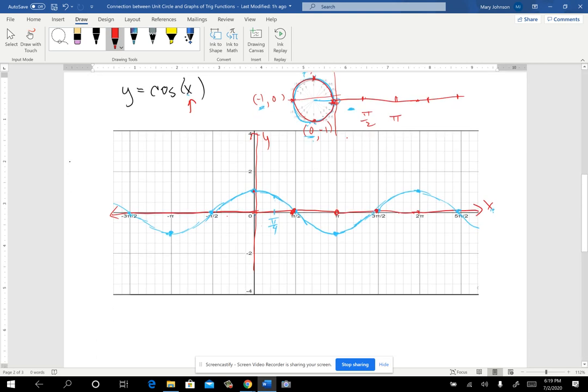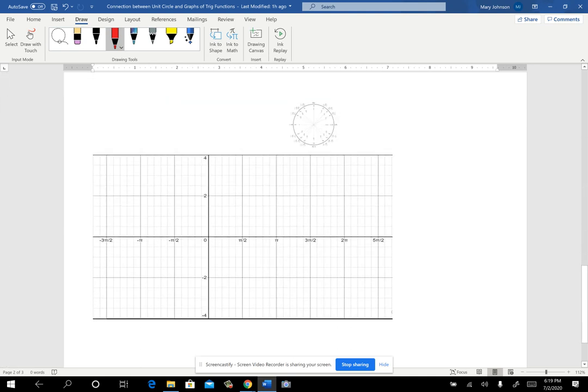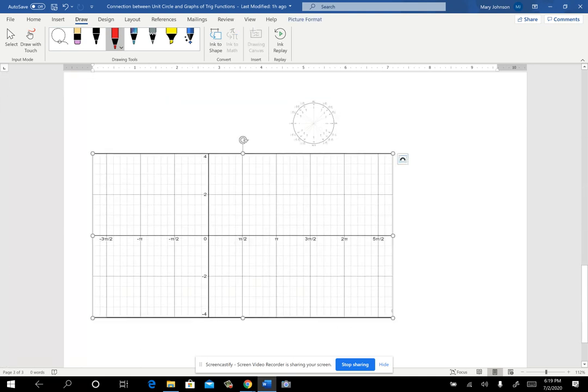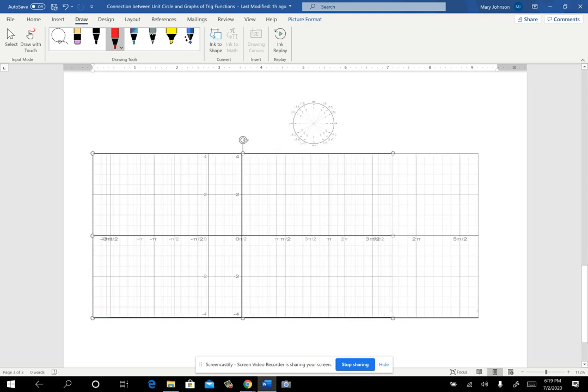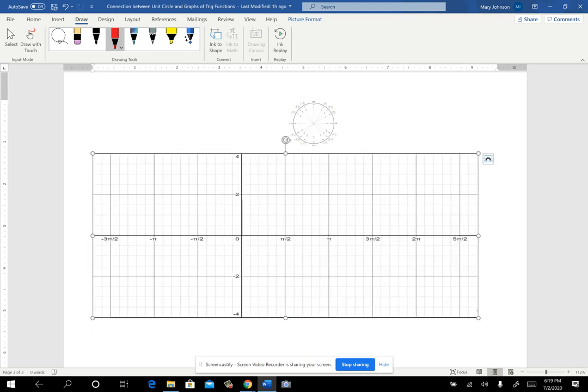Let's go down and look at y equals sine x. So similar concept of how it's developed. Okay, let me stretch this out a little bit like I did the other one horizontally. All right, and then I'm going to be trying to do y equals sine of x. And x really is a real number.